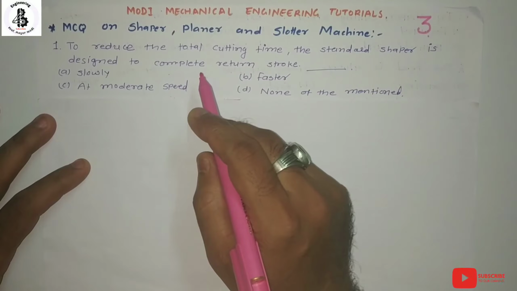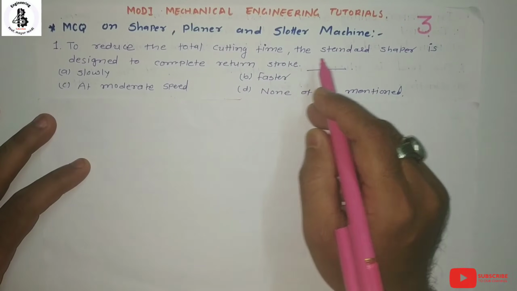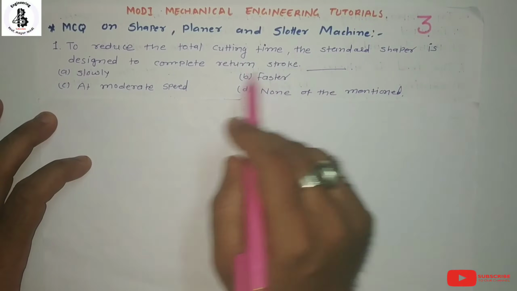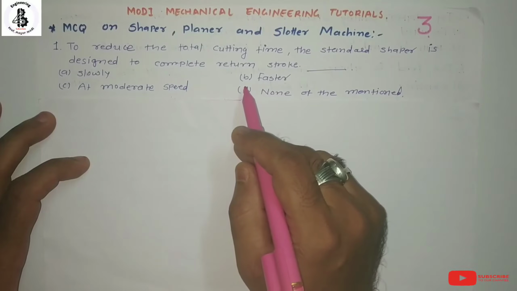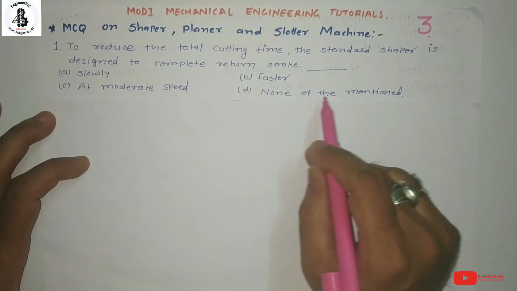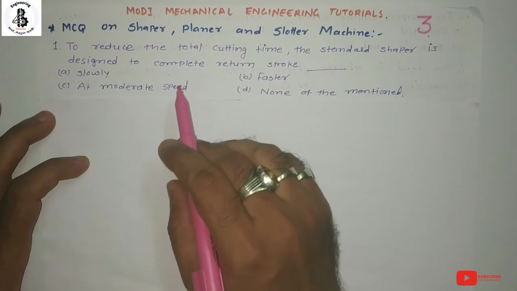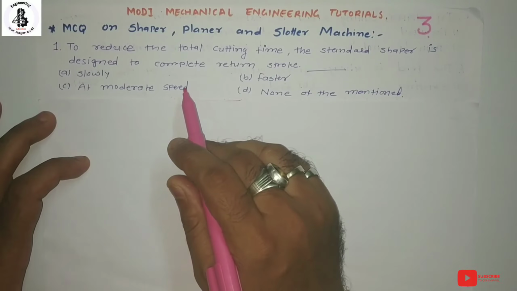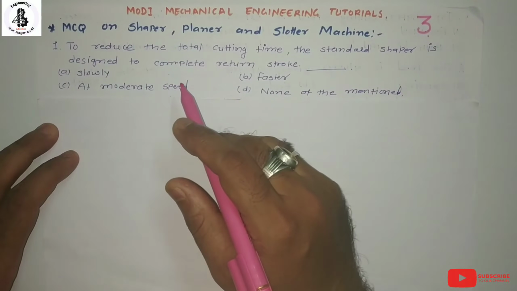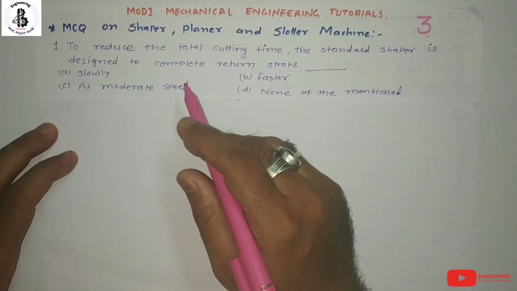To reduce the total cutting time, the standard SHAPER is designed to complete the return stroke. Option A slowly, option B faster, option C at moderate speed and option D none of the mentioned. So basically this question is from SHAPER machines. In a SHAPER machine, the forward stroke is only used to cut the material. So the return stroke always acts as an idle stroke.